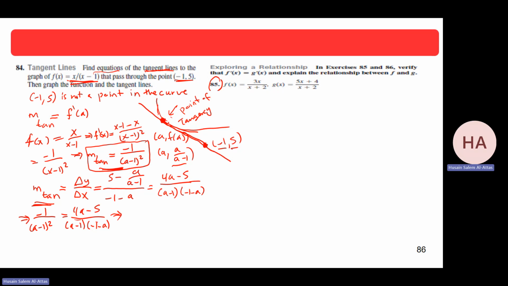We have minus minus, so I have (A minus 1)(A plus 1) equals (4A minus 5) times (A minus 1) squared.